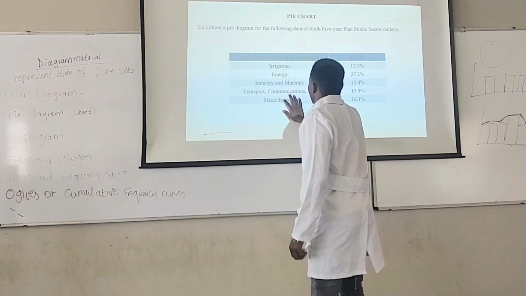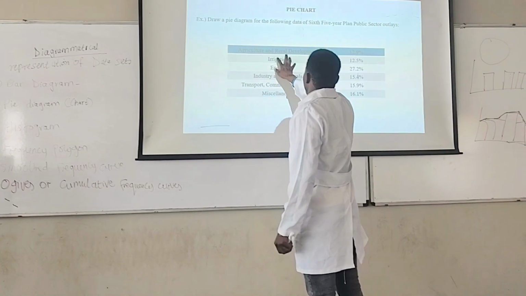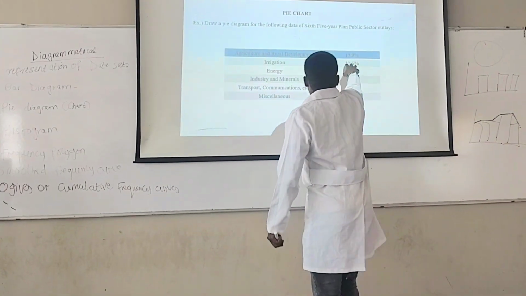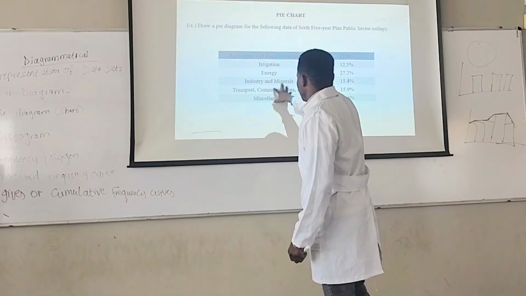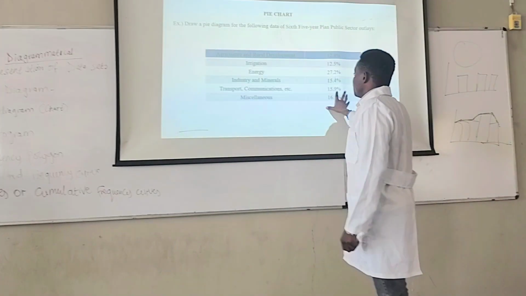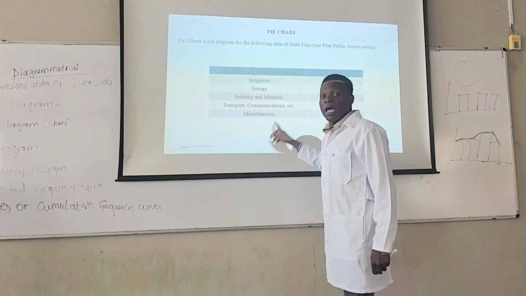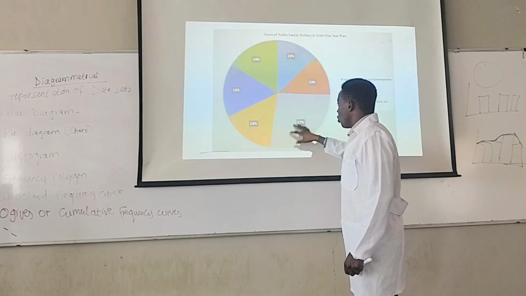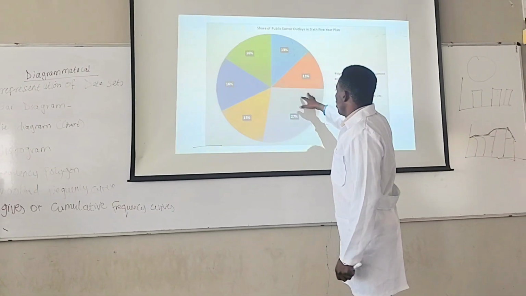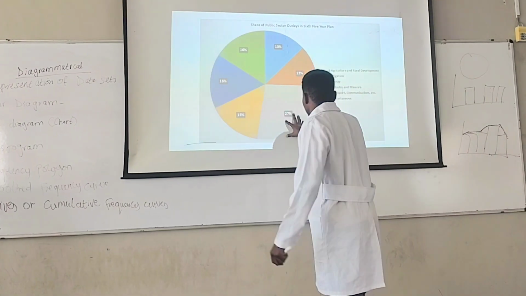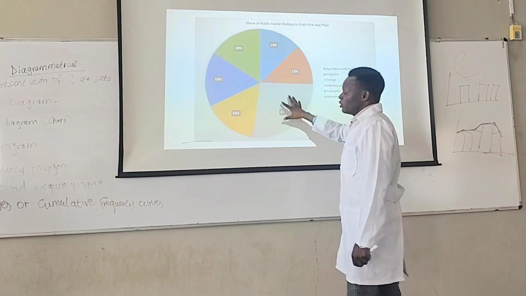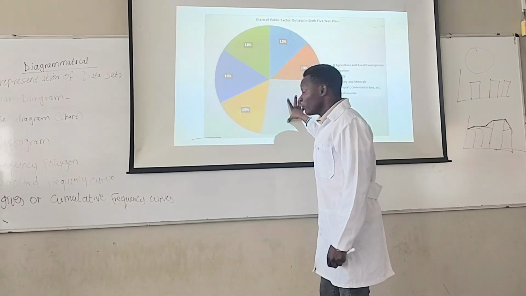When we look at the data, we have agriculture and rural development, which is 12%, and irrigation, energy, industry, and so on. So this is the form of data we can represent using a 360 circle. As we can see here, we have energy, which is 27, represented in this particular data using pies.